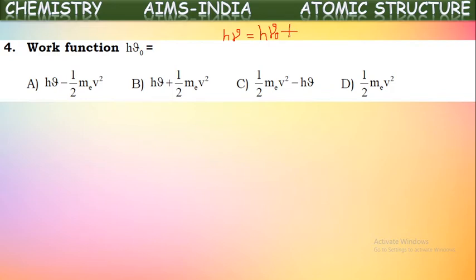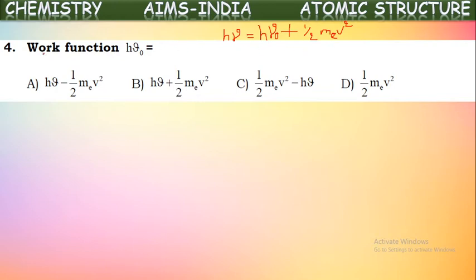The remaining energy in the total energy sent will be converted into the kinetic energy of the ejected electron, that is half m v square, where m represents the mass of that electron.